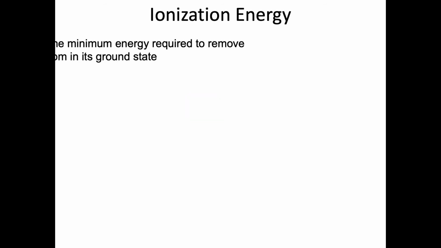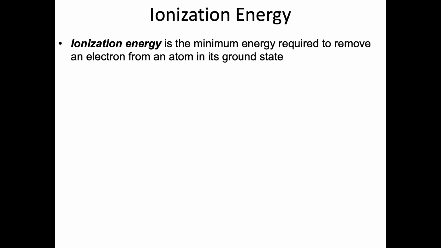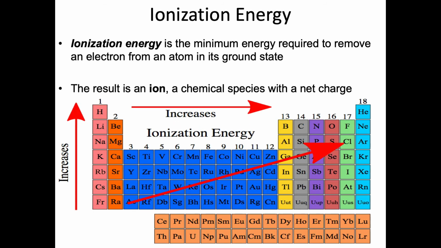Here's another idea of a periodic trend called ionization energy. Ionization energy is the minimum energy required to remove an electron. So think about that. Ionization energy, minimum energy required to remove an electron. And this concept is so simple.